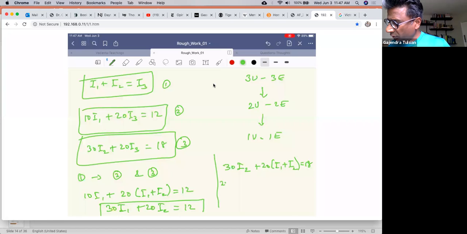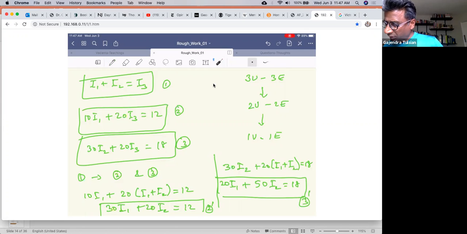So 20 I1 plus 50 I2 is equal to 18. All right, so now we have equation 2 prime and 3 prime. So here we have two equations and only two unknowns. Okay, so we've achieved this step now.